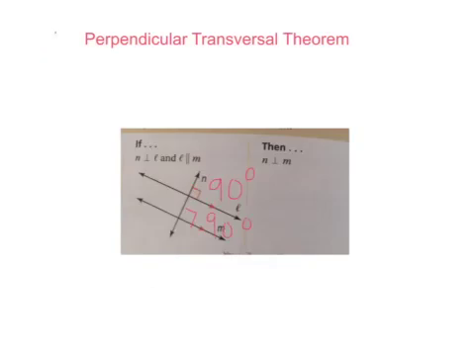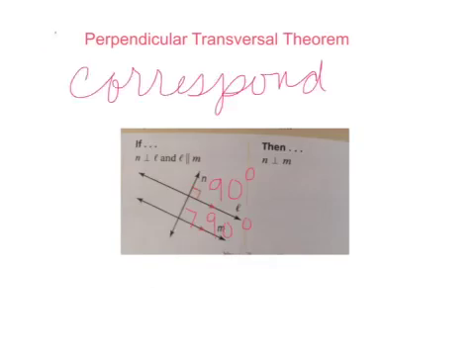And you can think of that as corresponding angles. Angle N corresponds to this angle here, so they must have the same measure. So once again, if a line is perpendicular to one of two parallel lines, then it is also perpendicular to the second line.